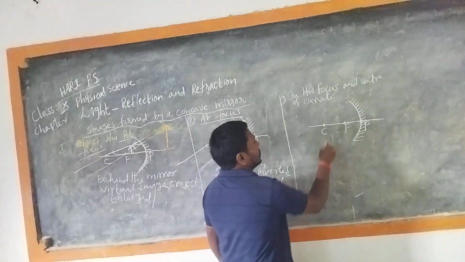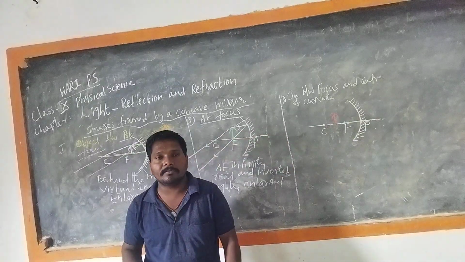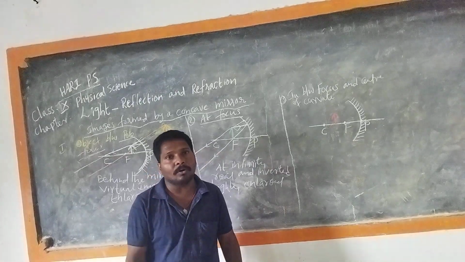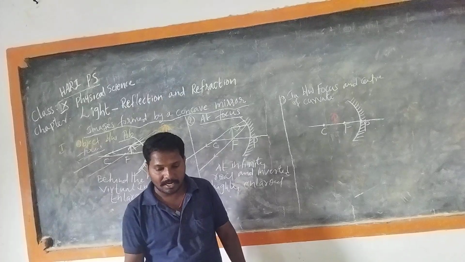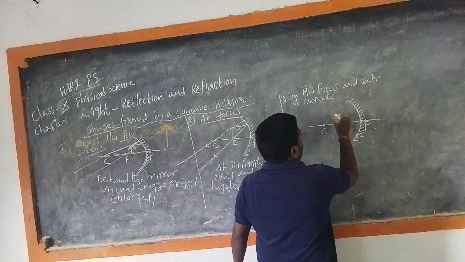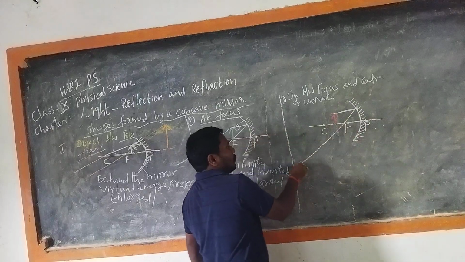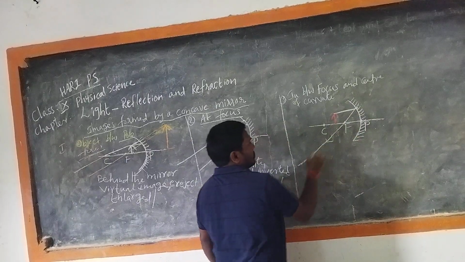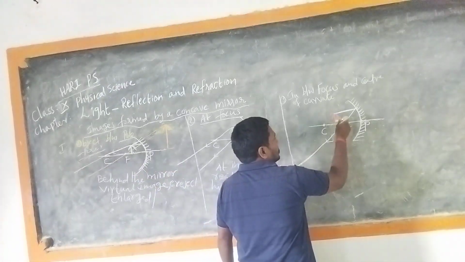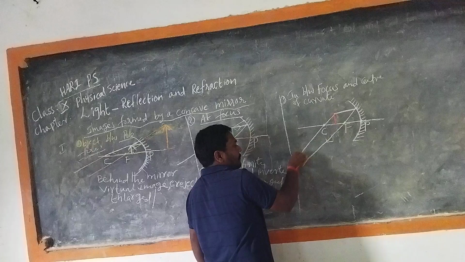If the object is placed here, in between the center of curvature and the focus, one ray is as usual the parallel ray passes through focus. Then one more is, as usual, the one we have taken through the center of curvature.